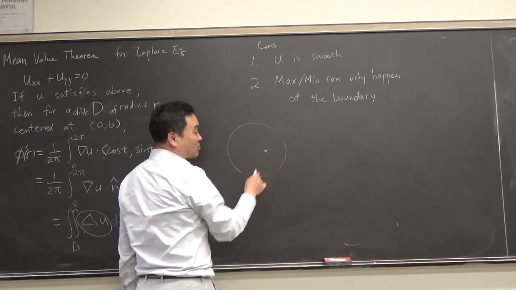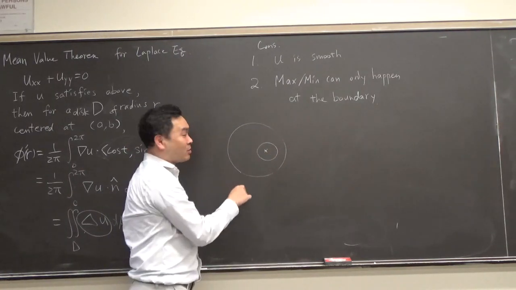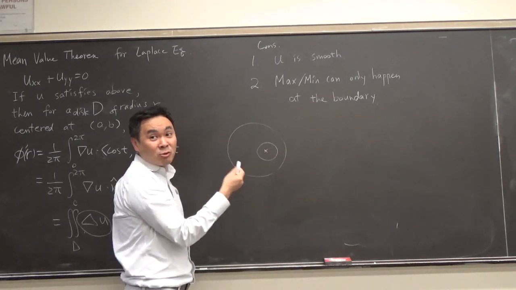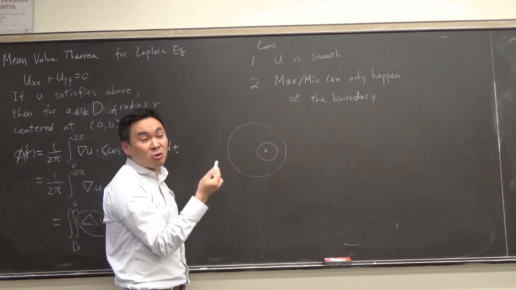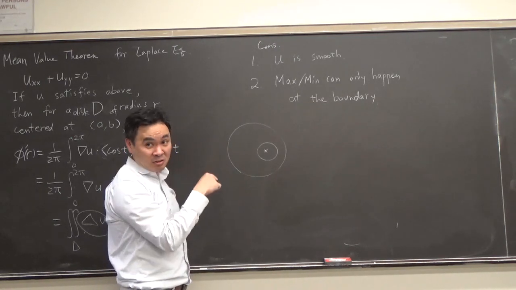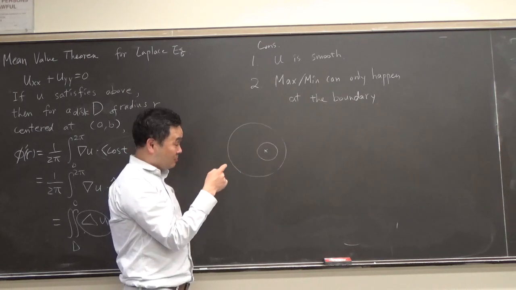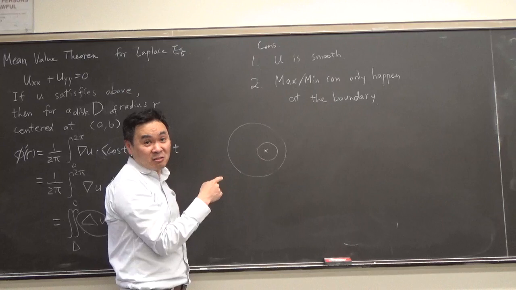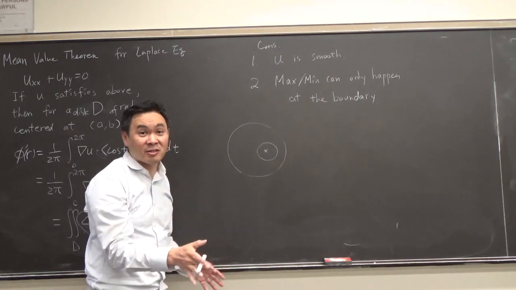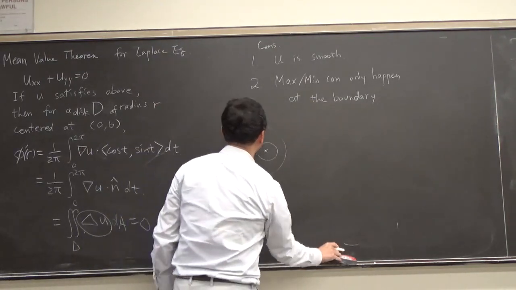If the maximum happens inside, it doesn't make sense because average of this circle has to be the same as this one, but if this is higher than all the values in here, the average will be less. So there's no way you can have a maximum or minimum inside the domain. Okay? Another way to state this is that if the function obtains its maximum or minimum inside the domain, then it has to be a constant. That's another way to say it. Okay? So that's a direct consequence of the mean value here.